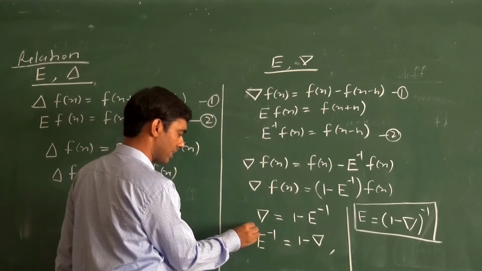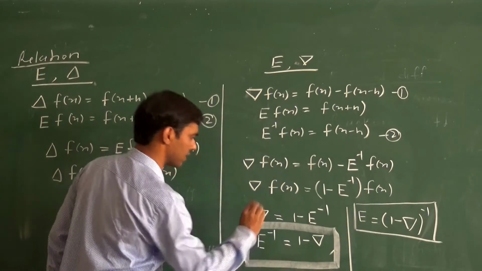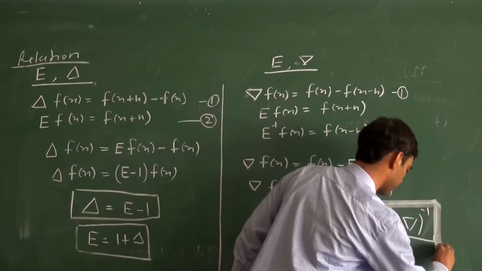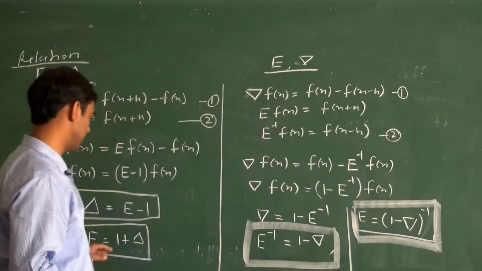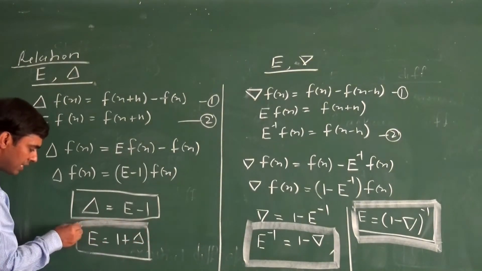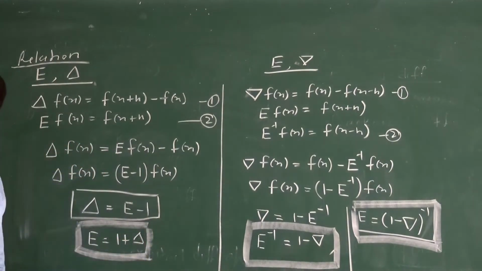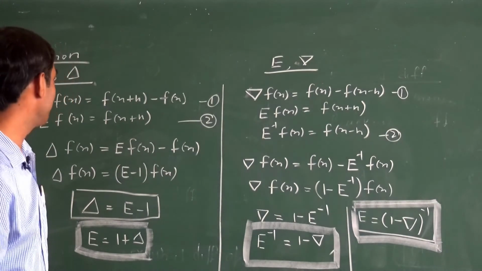Sometimes this one is also used as the relation between the backward difference operator and the shift operator, and the other is the relation between the forward difference operator and the shift operator. Now, what is the benefit of this?